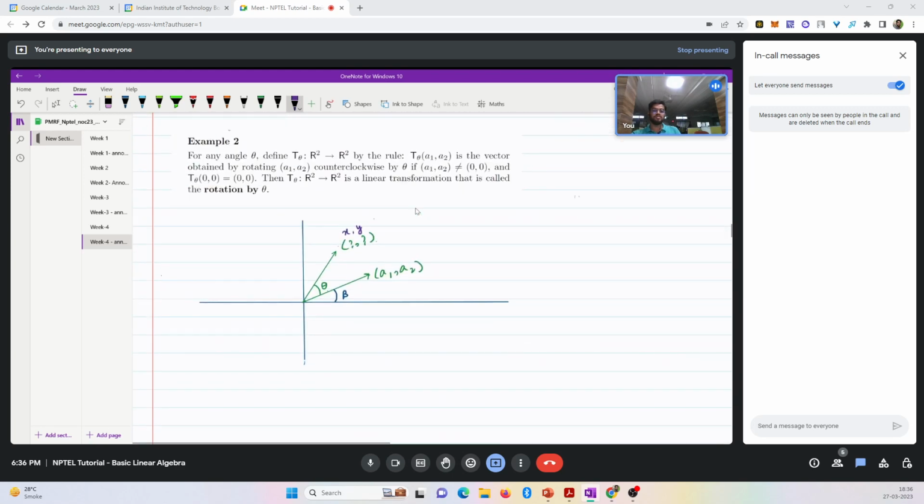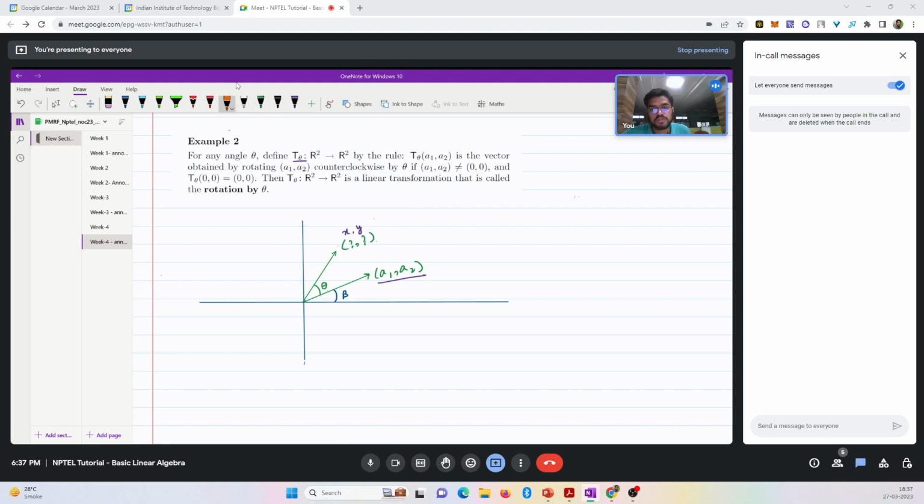Now in this question, we are given a special type of linear transformation. Actually, we were asked to prove whether it is a linear transformation or not, but we'll see how to do it. So what it is saying is that T of theta is a mapping from R2 to R2 such that if you have a vector a1 comma a2, you rotate it by angle theta counterclockwise.